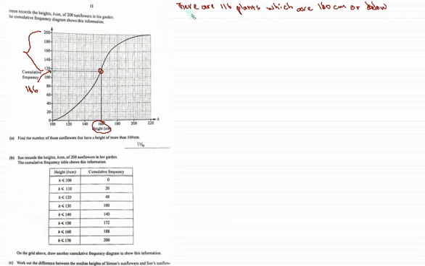So the answer is very simple. You just take 200 sunflowers and minus 116 plants. So what you get is 84 plants, okay, which are more than 160 cm.